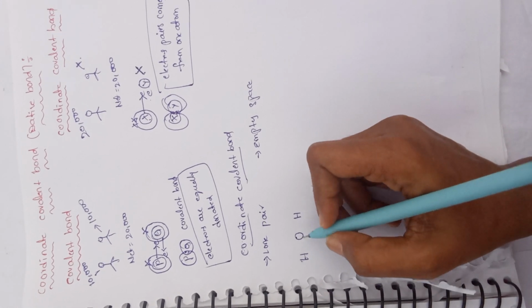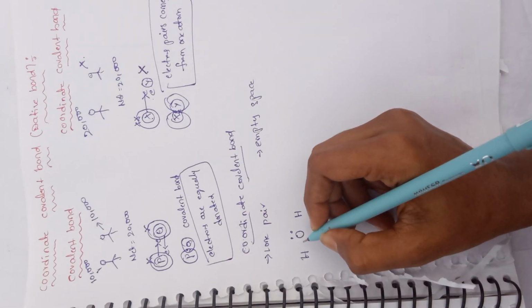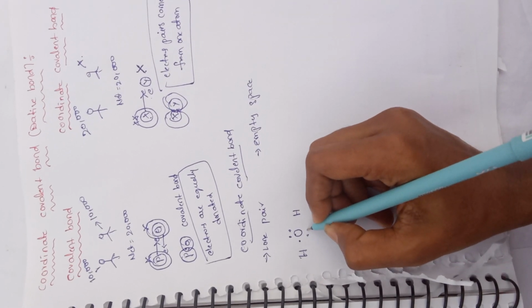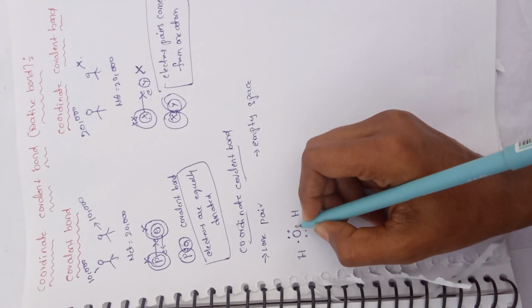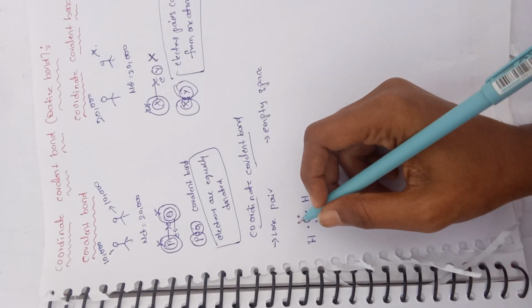In this, oxygen valence electrons, how much? 1 2 3 4 5 6. You know that oxygen valence electrons is 6.